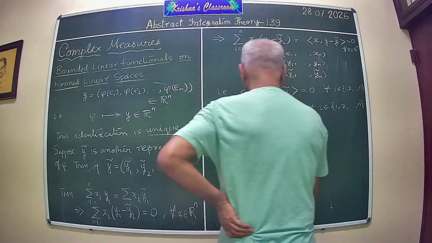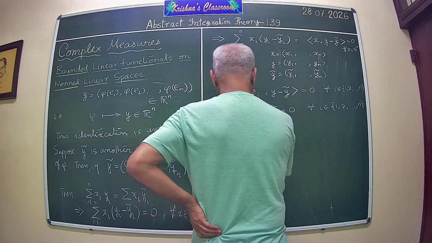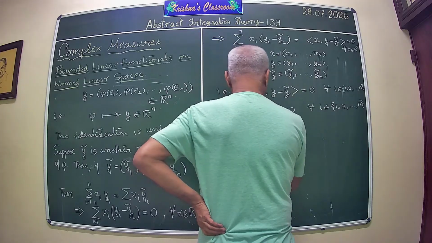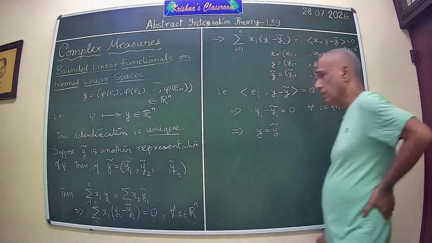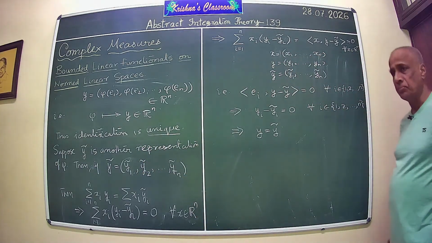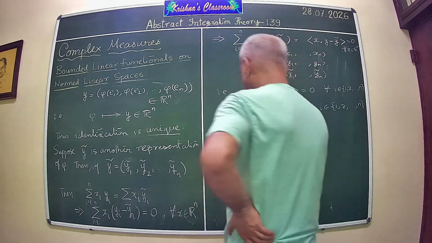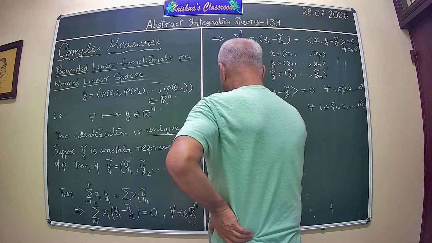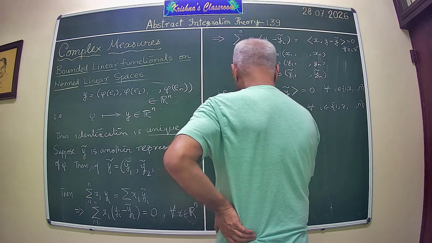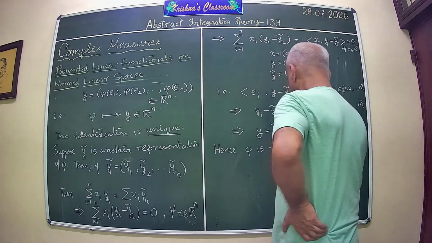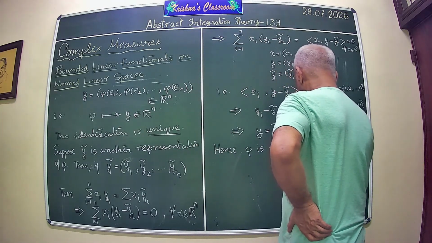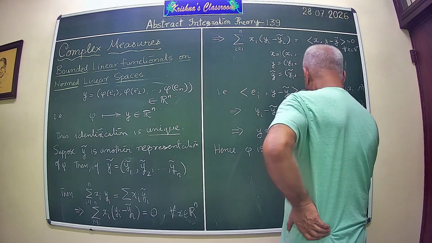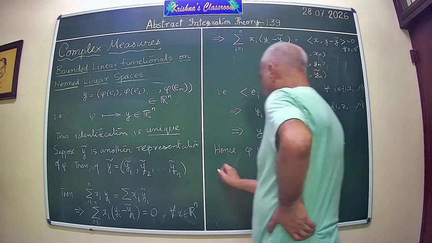Therefore, the representing vector, phi is represented by a unique vector.